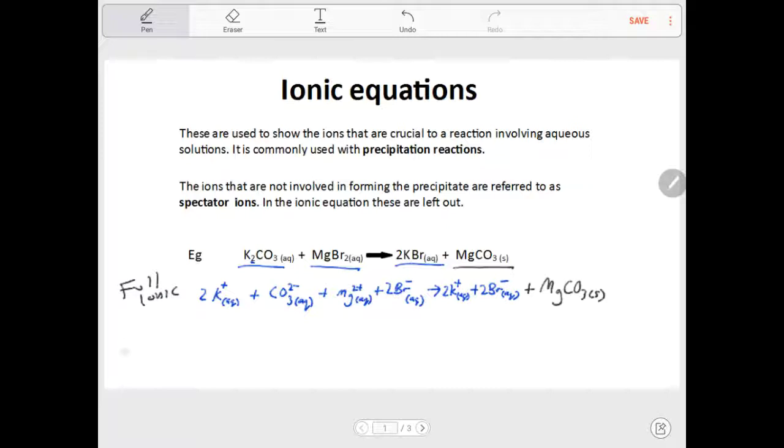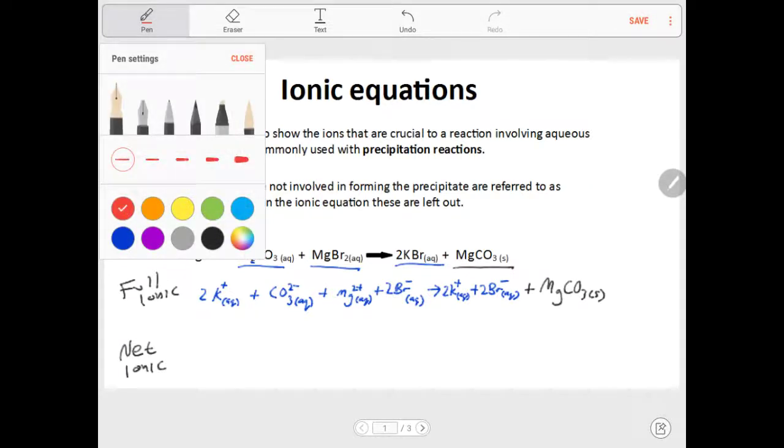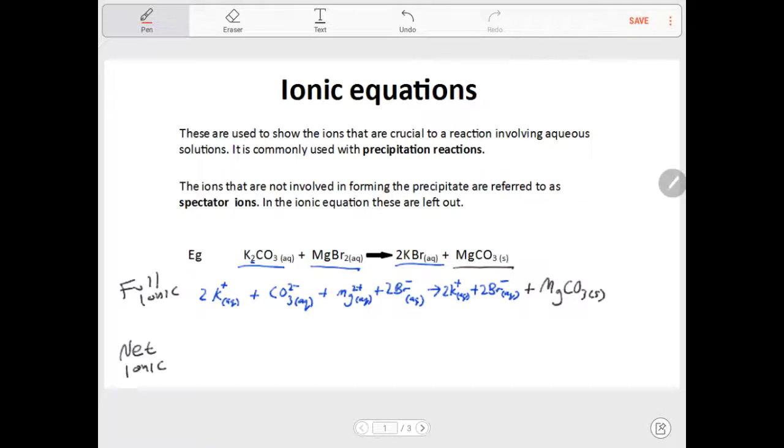So next we're going to write the net ionic. The full ionic's the challenging part. The net ionic's actually relatively easy. All we've got to do is look at any ions which are aqueous on both sides of the equation. Potassium, aqueous here and aqueous here, that's a spectator ion. As is bromine. Now the magnesium and the carbonate are aqueous on this side, however they form a compound here.